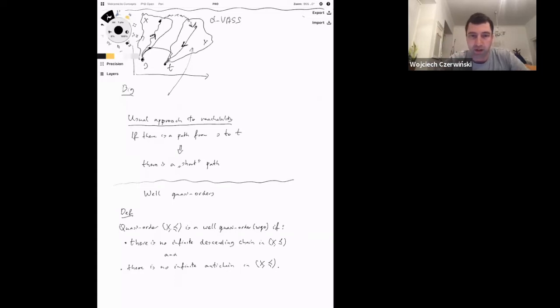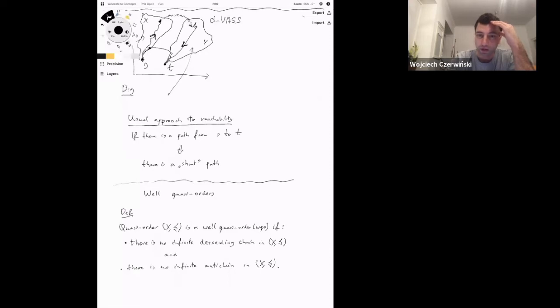There is some subtle stuff there. Think about X as an order. An infinite descending chain, just to recall, is an infinite sequence of elements such that every next element is smaller than the previous one. And an anti-chain is a set of elements which are incomparable.